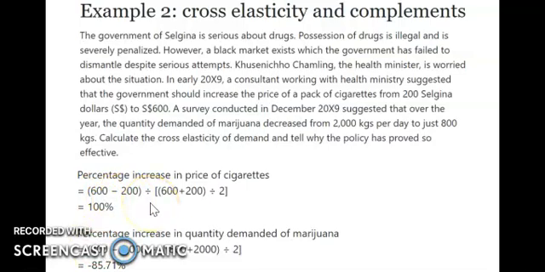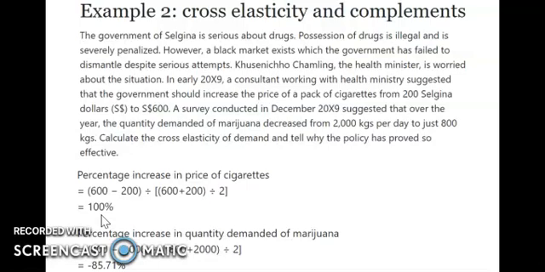Then how did the price change? Price changed from 200 to 600. So now the price is 600, so 600 is price 2. So P2 minus P1, whole thing divided by P2 plus P1 divided by 2. So the percentage change in price is 100.